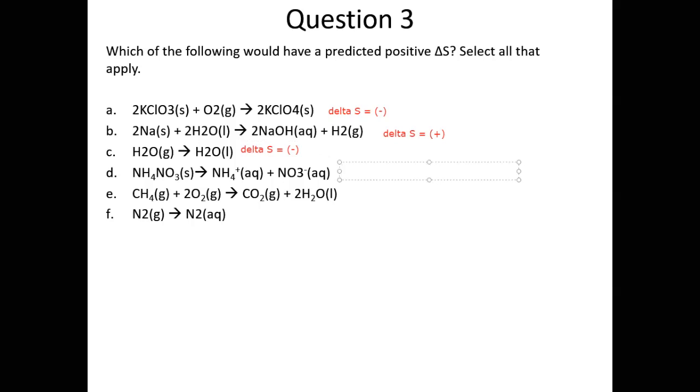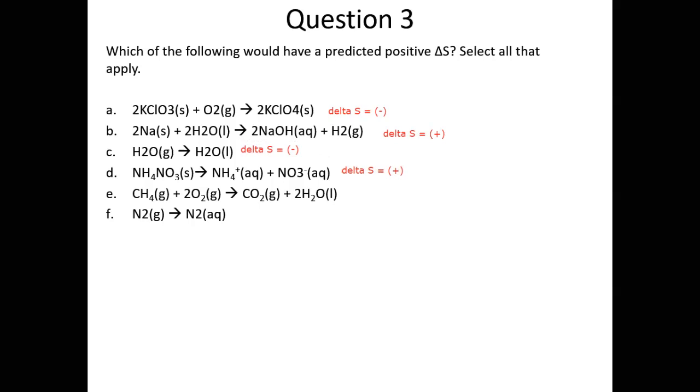Next, we're going to dissolve ammonium nitrate and get ammonium and nitrate ions. Since ammonium is a very soluble cation and is not very highly charged, it's going to increase in entropy when it goes from a solid to aqueous. So here, delta S would be positive.